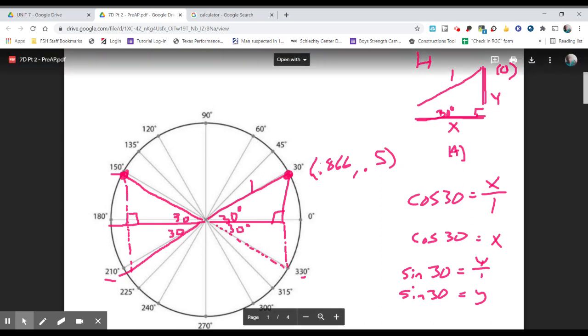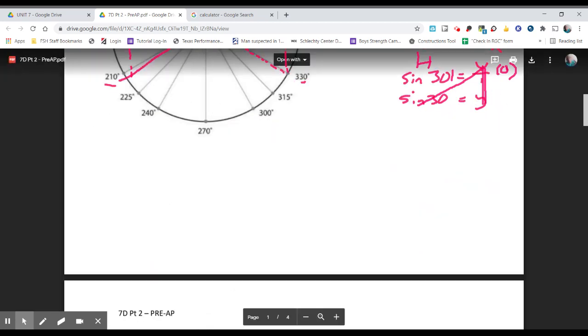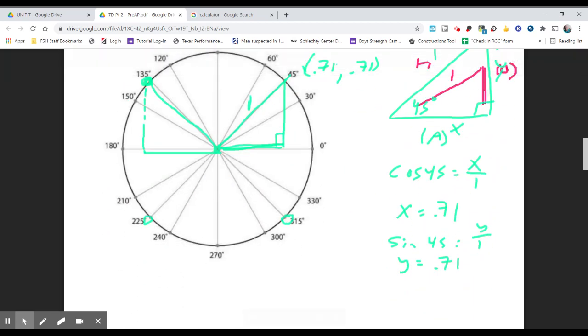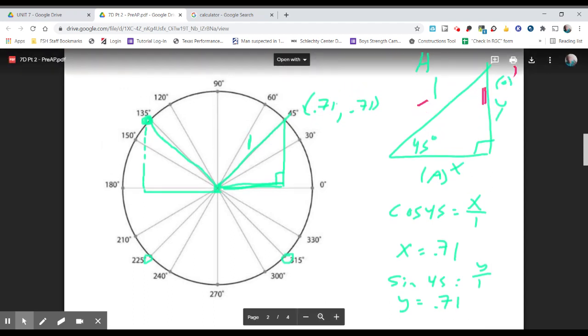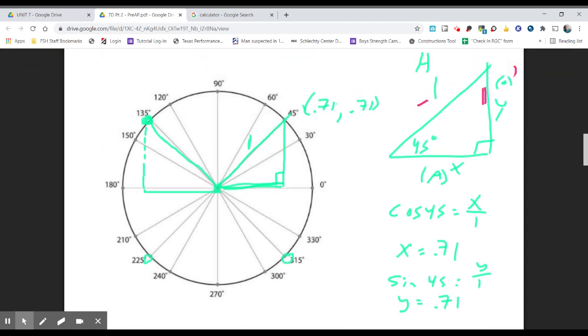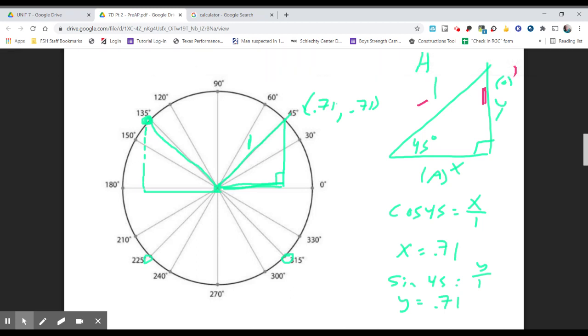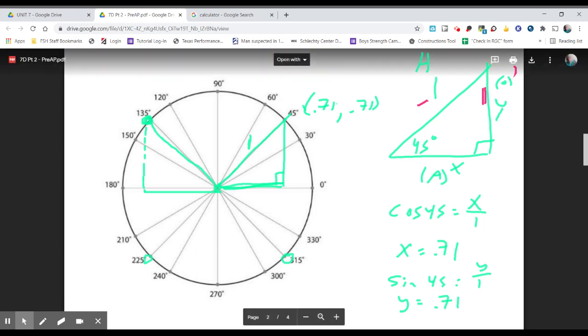So opposite goes with sine, adjacent goes with cosine. Same deal here. Our x value was the cosine of our angle, and the y value was the sine of our angle right there. We should have gotten those points from that.